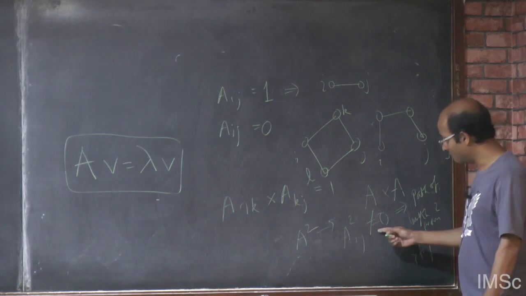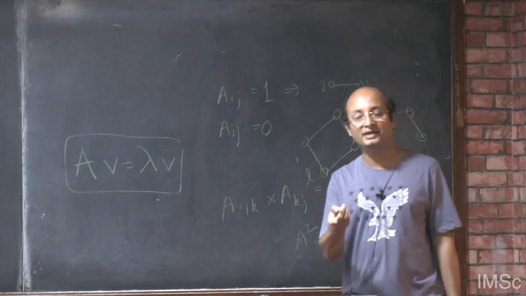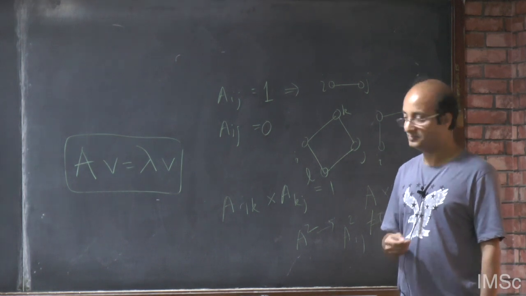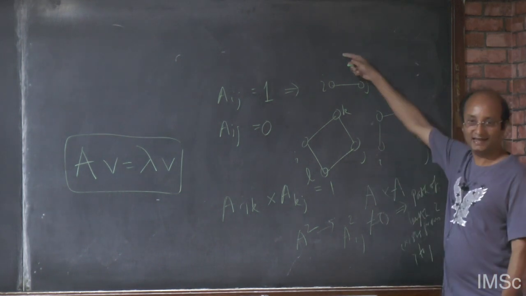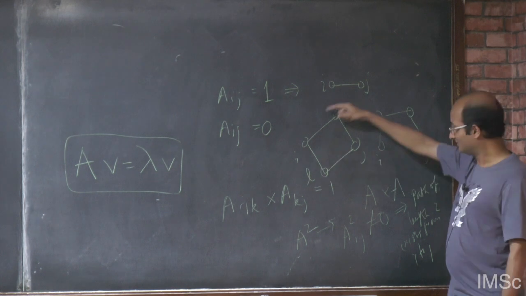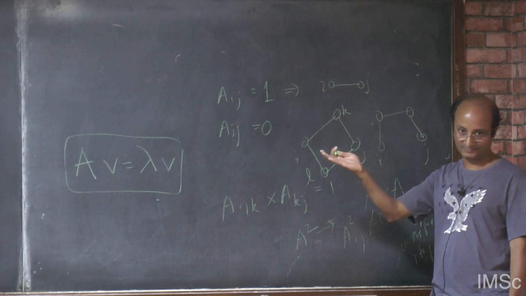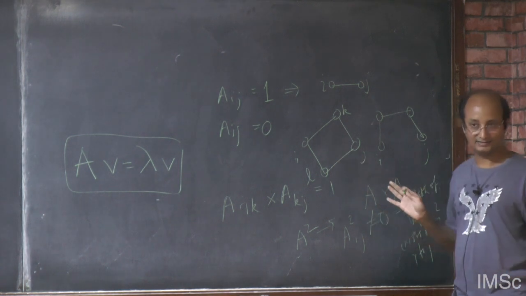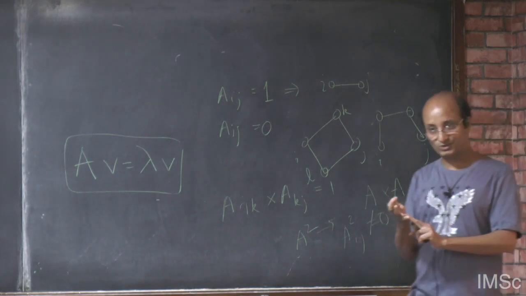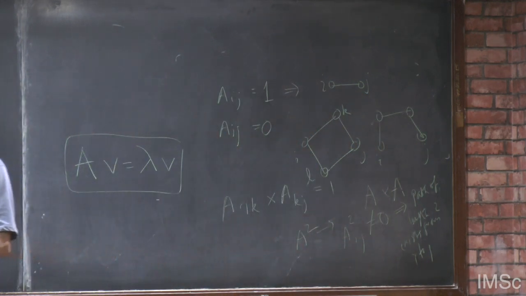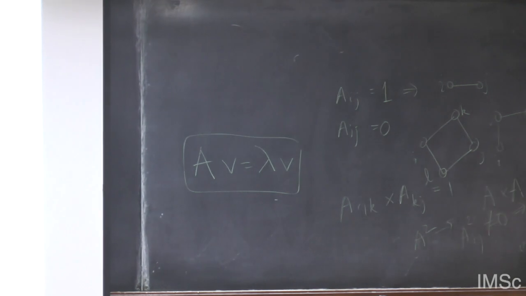And the actual number will tell you how many such paths actually exist. Because if there are 3 intermediate nodes through all of which you can go from i to j, that would give you 3 and so on. Is that clear? So it tells you not only whether a path of length 2 exists, it also tells you how many such paths of length 2 exist.